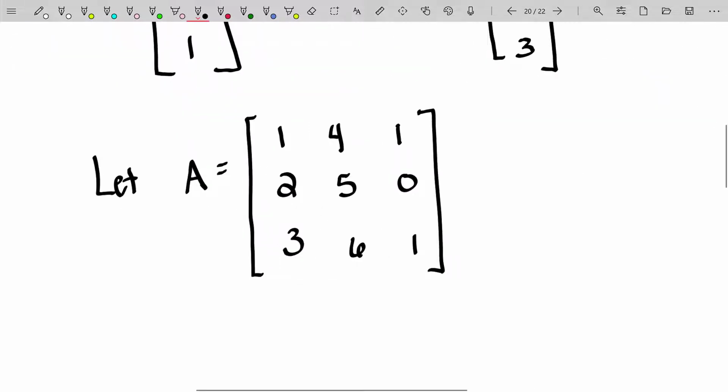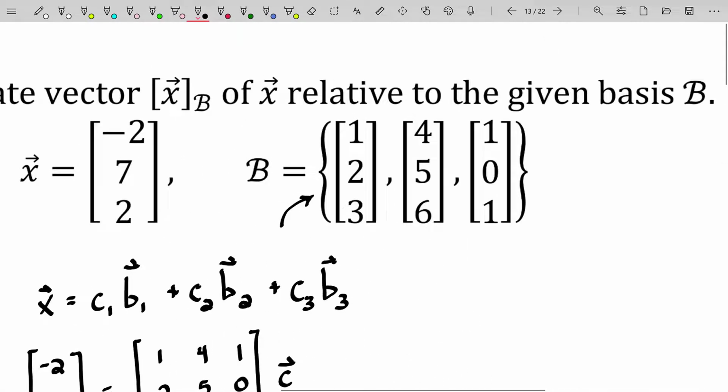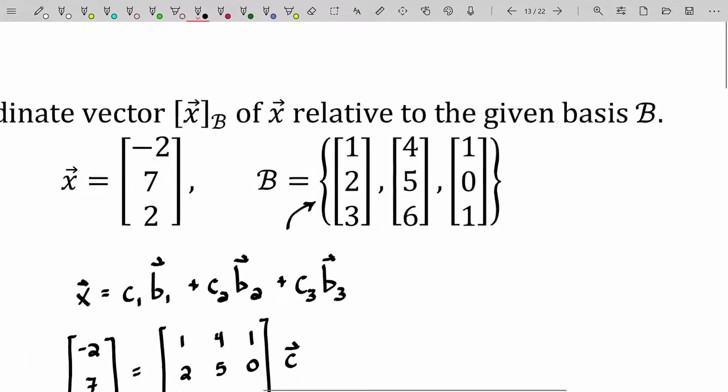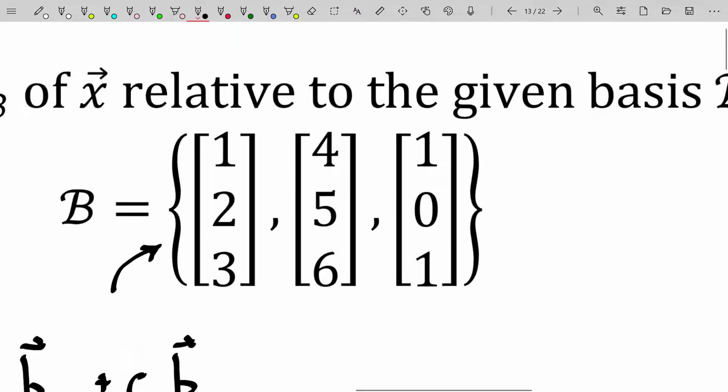So I'm writing them like this for a very special reason. We encountered those three vectors before as a basis for R cubed. So just from a previous video, we know that those three vectors must be linearly independent because they were considered as a basis for R cubed.